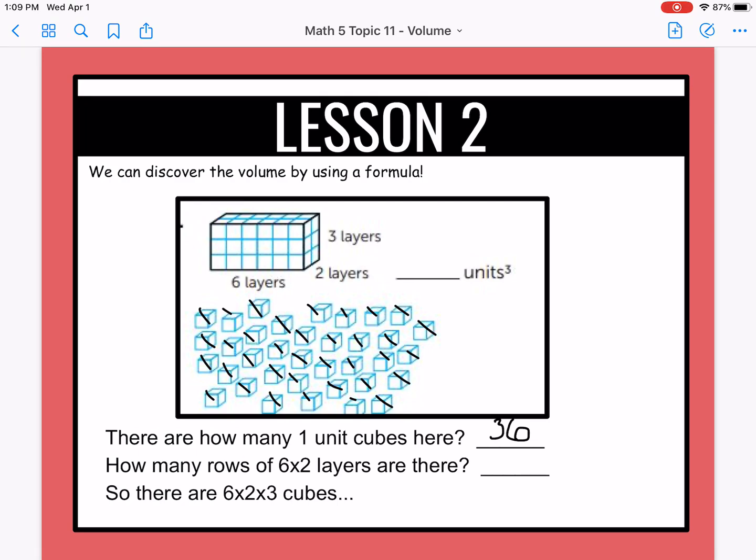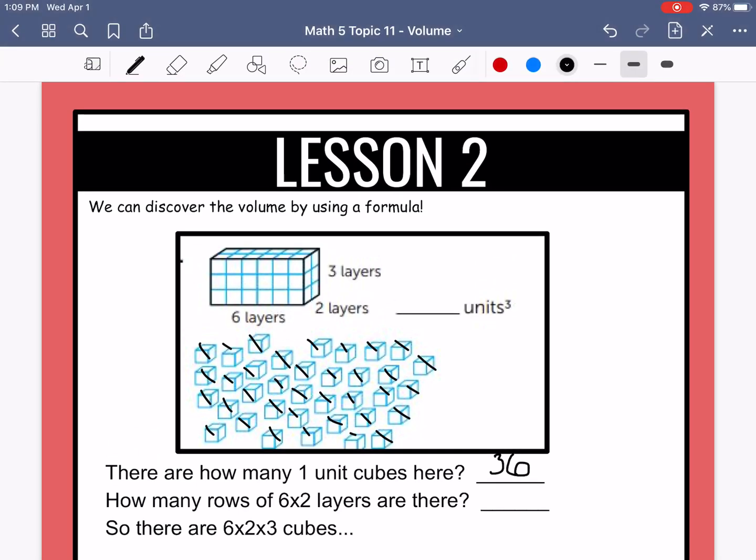So yesterday we were looking at the fact that if we look at the bottom, we have this area here. Let me highlight it. This is that bottom row. If we look at that row, we can see that there are 6 on the bottom, and then there's 2 on the side.